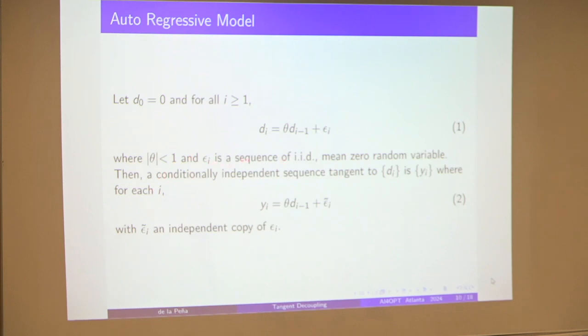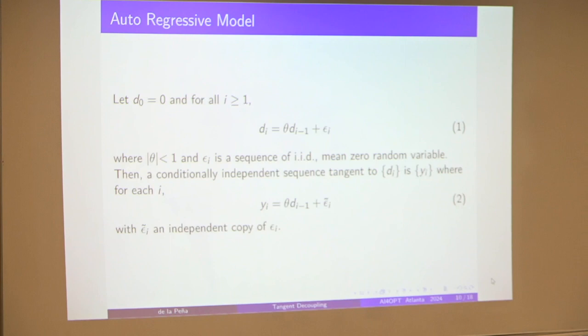Let's suppose that the epsilon sub i are IID mean zero random variables. Then a conditionally independent tangent sequence to d sub i is y sub i, where y sub i equals theta d sub i minus 1 plus epsilon i tilde, where epsilon i tilde is an independent copy of epsilon i.